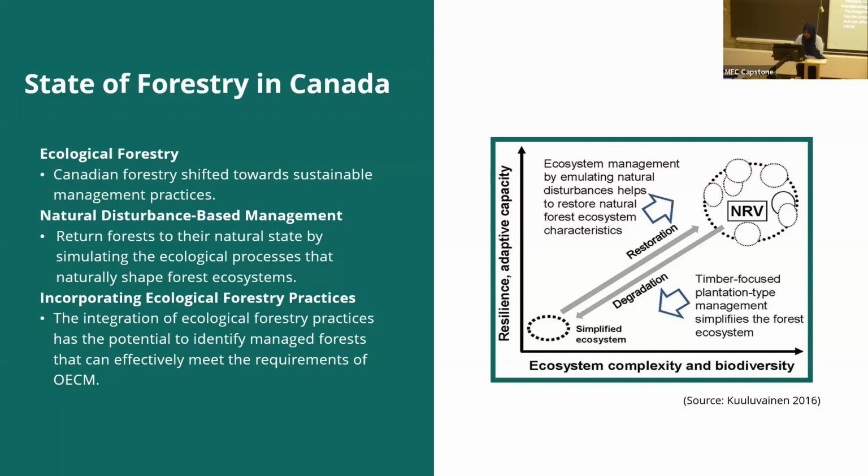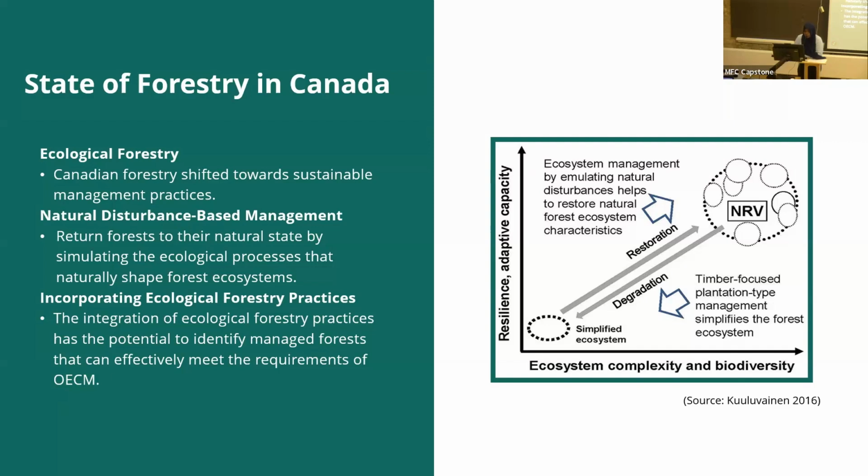A key component of ecological forestry is natural disturbance-based management. This method shifts away from timber-focused management, such as plantations, that lead to simplified ecosystems, and instead ecosystem management is implemented to emulate natural disturbances and restore natural forest ecosystems, increasing the forest resilience, complexity, and overall diversity over a long period of time.